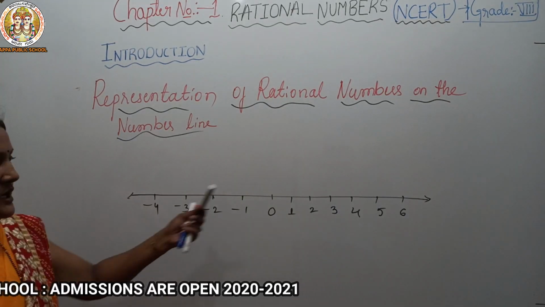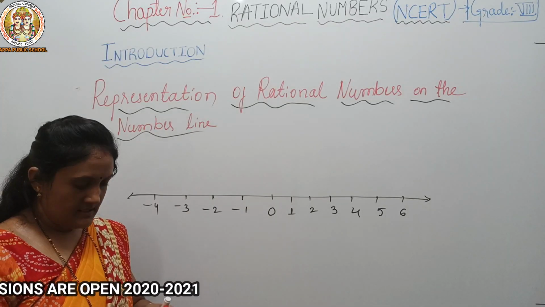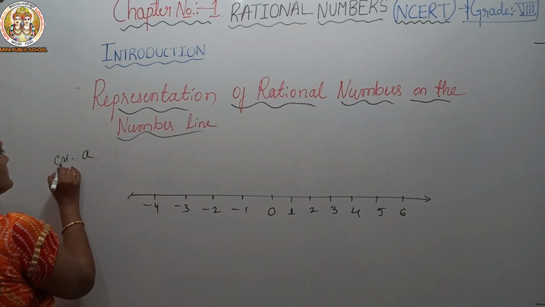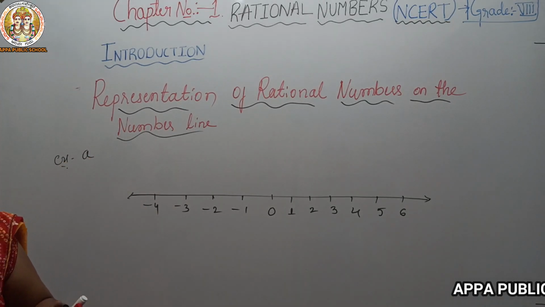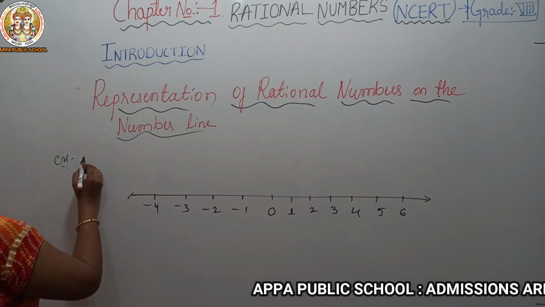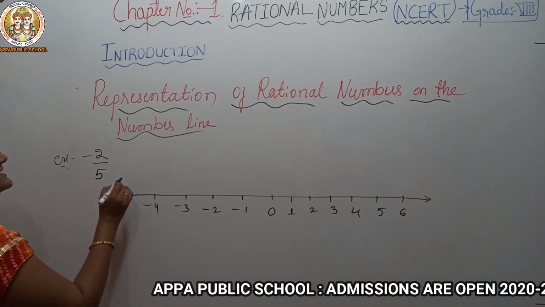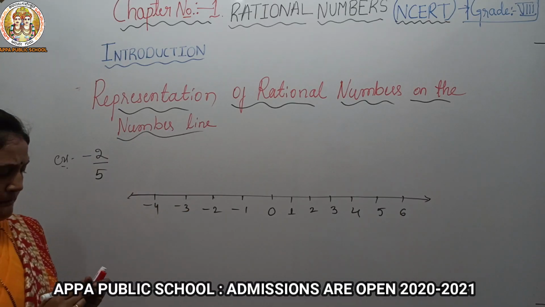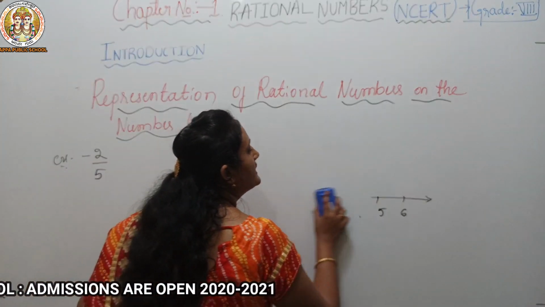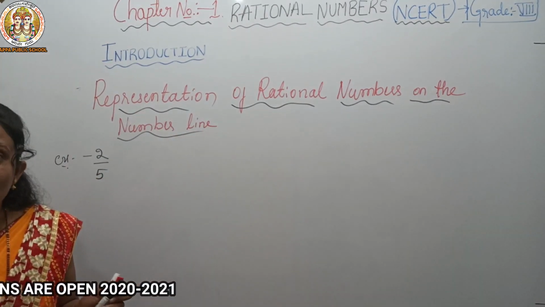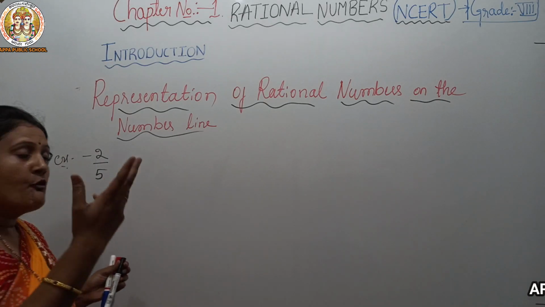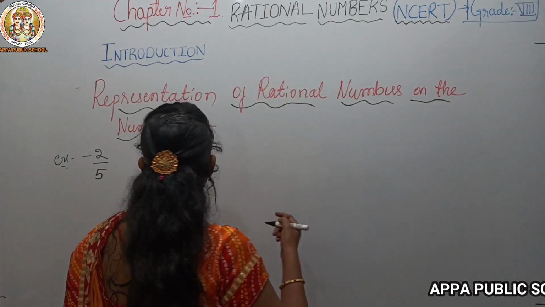So how can we represent them? Let's take an example: -2/5. We'll represent -2/5 on this number line. Before that, we first check between which numbers -2/5 will come.